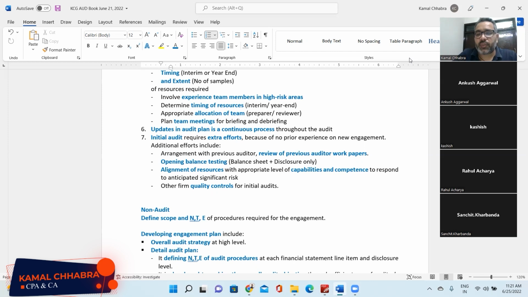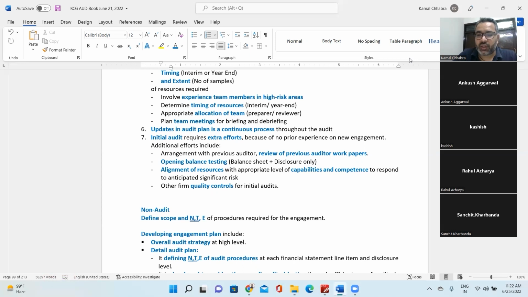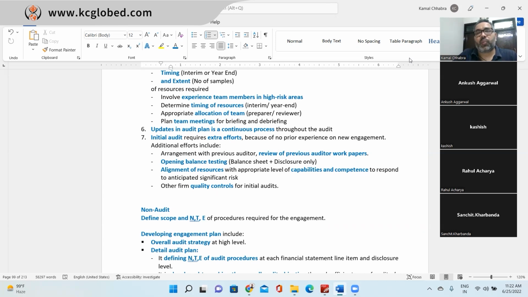So what all things will you be doing additionally? Understanding the arrangement with the previous auditor, reviewing the work of the previous auditor, right? Previous year financial statements, or maybe balance sheet items. Inquiry with the predecessor auditor, additional inquiry with the management. Then testing of opening balances, because the auditor's opinion is on the comparative financial statements.